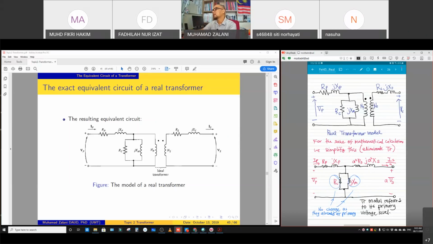Then at the secondary part, we have another representation: a resistor for the winding loss and the leakage inductance at the secondary side.